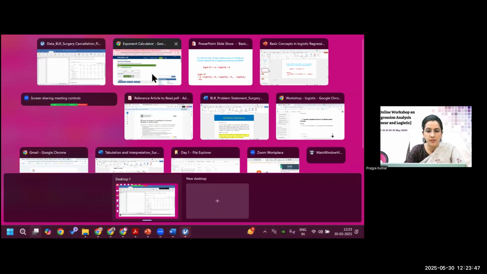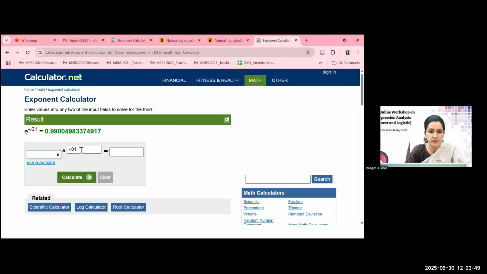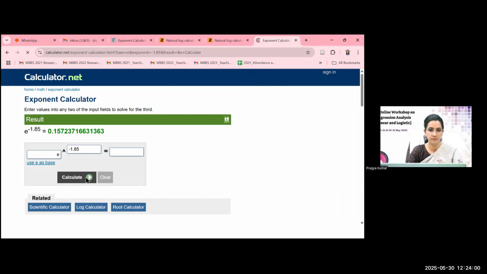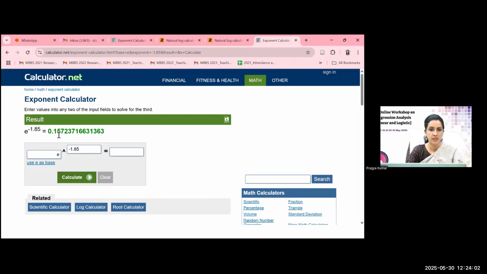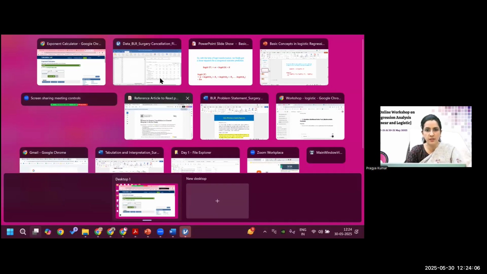I'll use this e as a base, minus 1.85, press calculate. It is 0.157.